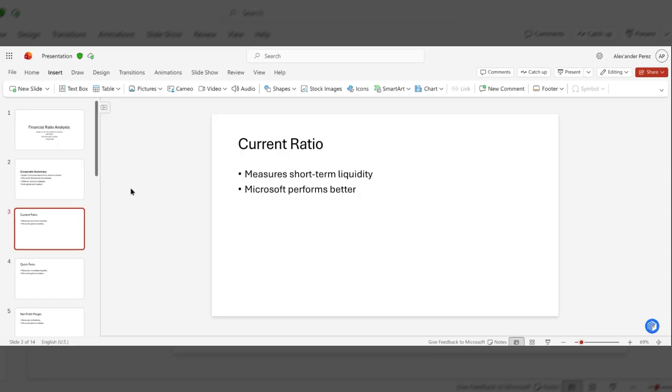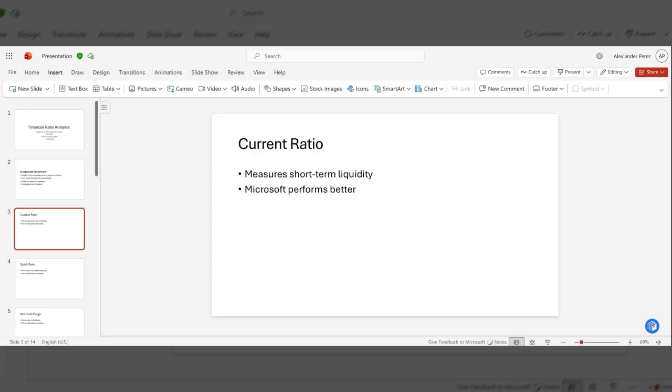For my current ratio, we have liquidity, and Microsoft performs better.